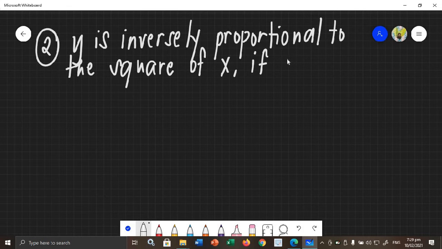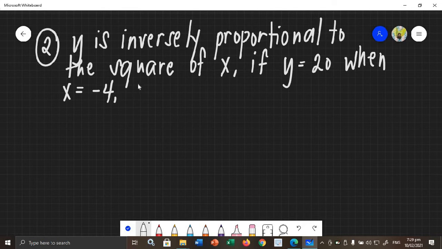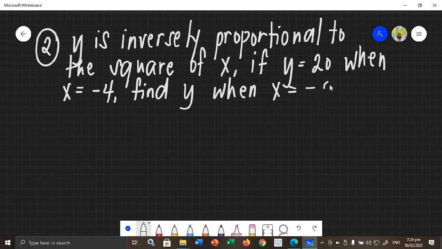So, if y is equal to 20 when x is equal to negative 4, then find y when x is equal to negative 8.